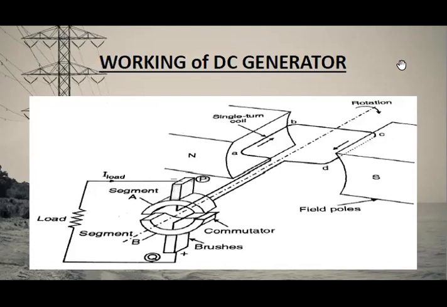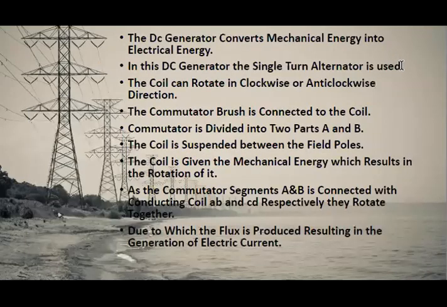Already in the previous classes, I discussed what is meant by Fleming's right hand rule and Fleming's left hand rule, right? So, the DC generator converts mechanical energy to electrical energy. In this DC generator, a single turn coil is used, and the coil can rotate in a clockwise or anti-clockwise direction.